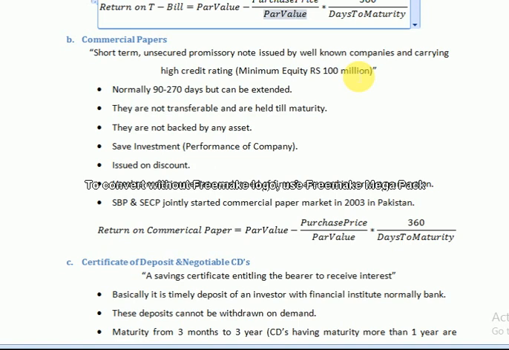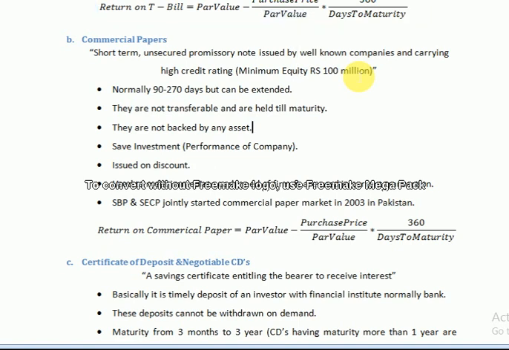In this way we can calculate the returns, or yields, of commercial papers. Hope you understand commercial papers, and if you have any questions, you can freely ask me in the WhatsApp group.